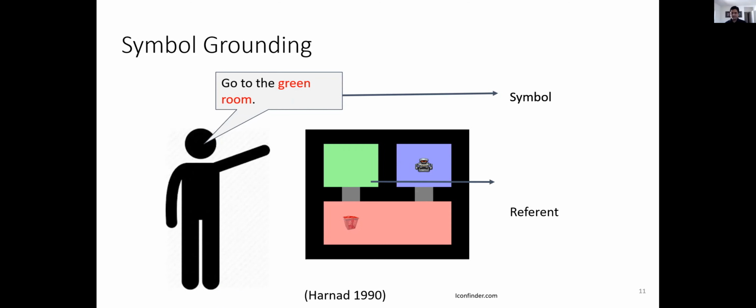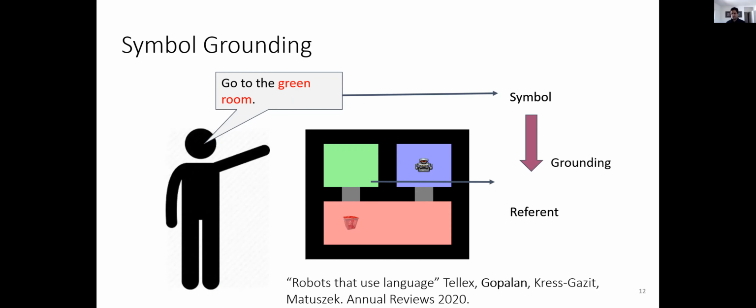And the problem of symbol grounding matches a symbol to a referent in the world. We have covered this problem extensively for robots in a review paper that we wrote in 2020, specifically talking about the hardness of the problem of mapping language to some objects in the world, or any referent in the world, be it in a map or an object.